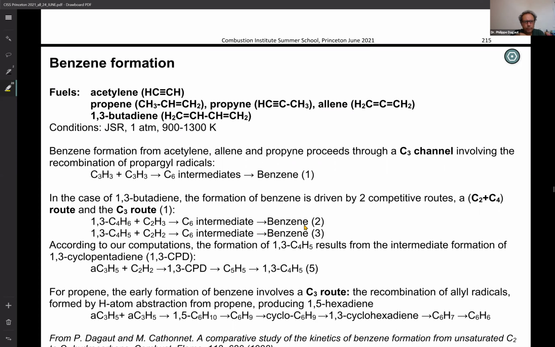allyl radicals formed by H atom abstraction on propylene. This route produces 1,5-hexadiene.